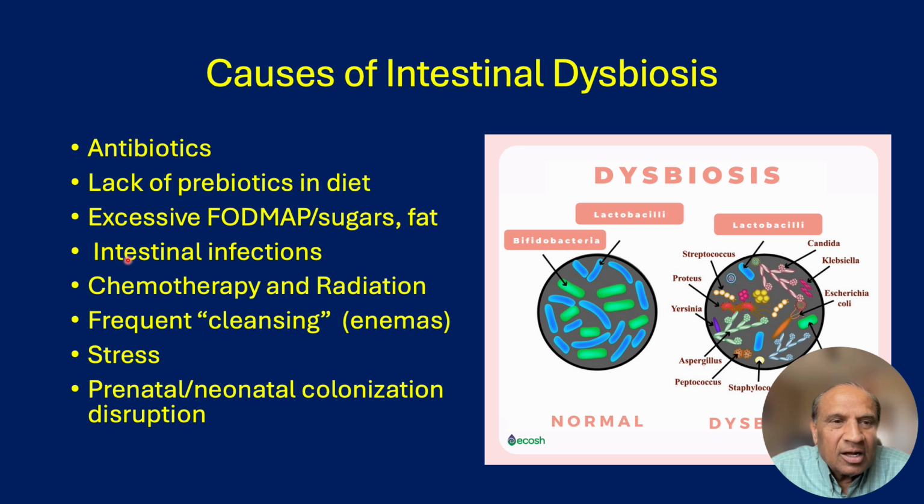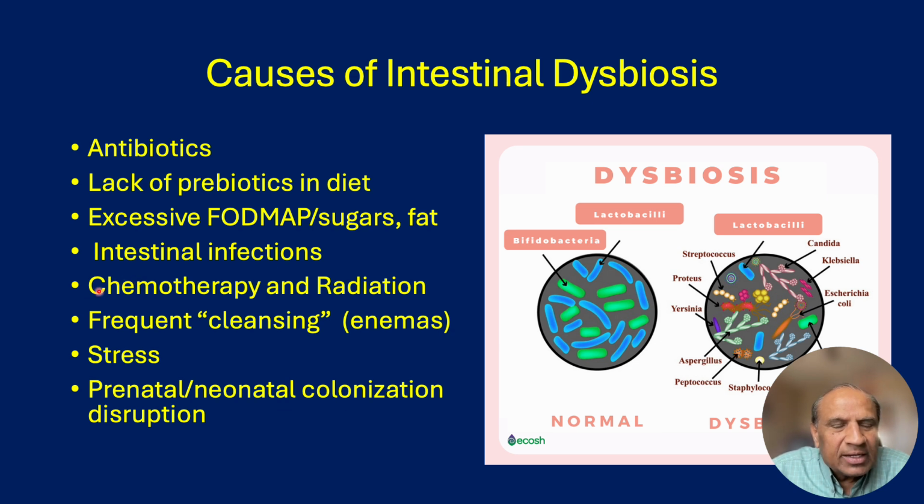Pathogens are those microorganisms which cause disease in humans. So these are like viral infections. Common ones right now are norovirus, rotavirus, and then bacteria like Salmonella, Shigella, Clostridium infections. All these intestinal infections will alter the microbiota of the intestine and cause dysbiosis.